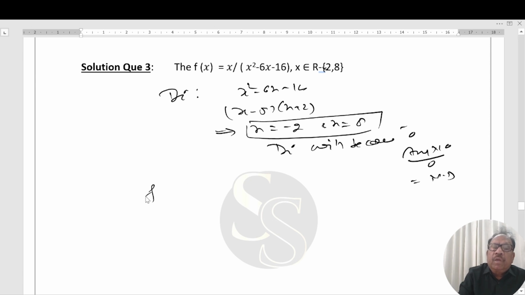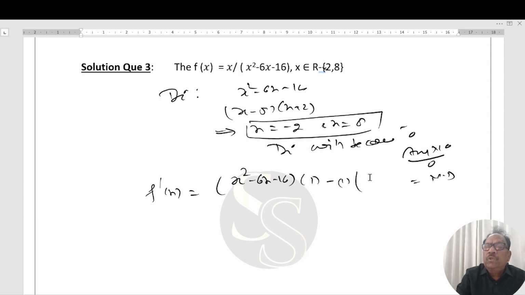Now, differentiating the given function, f dash x equals x square minus 6x minus 16 into the differentiation of x, which is 1, minus 1 into the differentiation of the denominator, 2x minus 6, upon the denominator whole square, x square minus 6x minus 16.